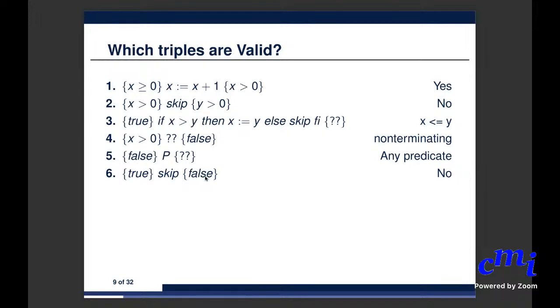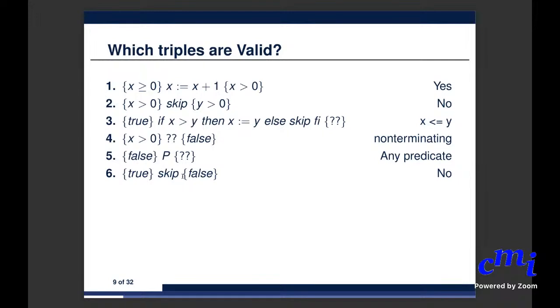But because skip terminates and no state can satisfy false, this can never be true. Whenever you have a post condition which is false, it can only be satisfied by a non-terminating program. In this case the strongest post condition is actually true, because you're starting with some state which can be anything, and skip does not change any of the values.